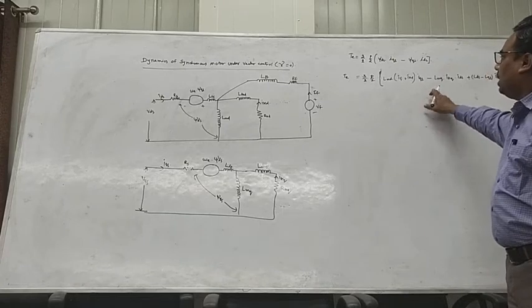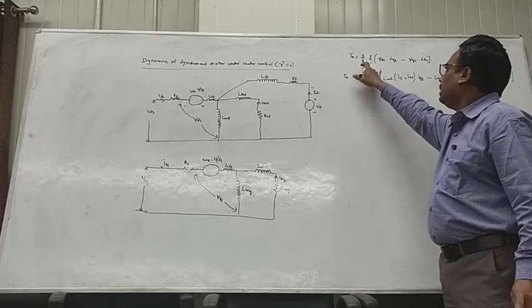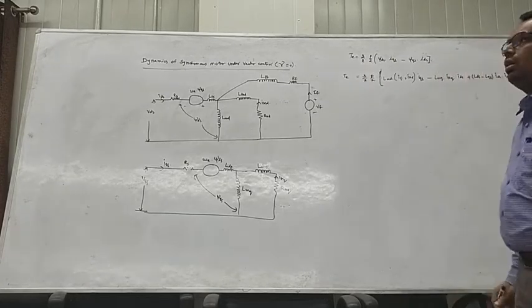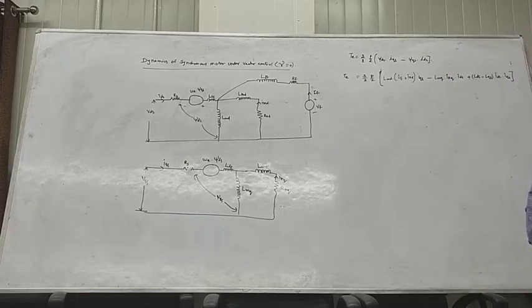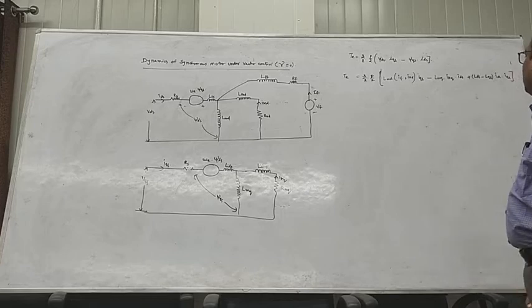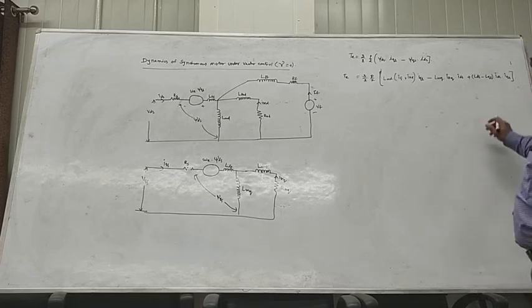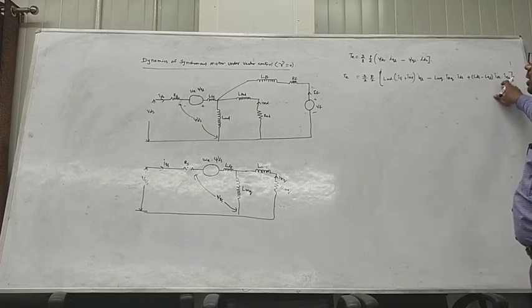If you rewrite the above equation, then we will get this. Torque is equal to 3 by 2 into P by 2 into LMD into IF plus IKD into IQS minus LMQ into IKQ into IDS plus LDS minus LQS into IDS and IQS.